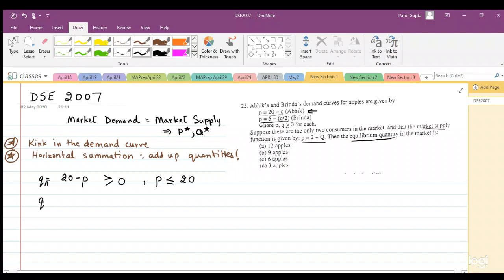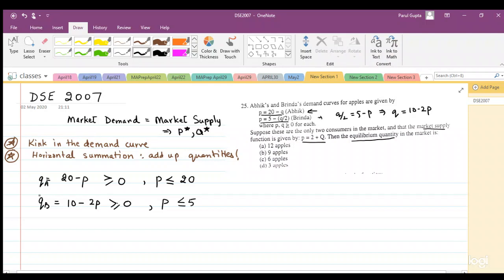Similarly, for the other person B, if we rewrite this demand curve, just rearranging the equation, we get this demand curve and this is going to be non-negative when P is less than or equal to 5.